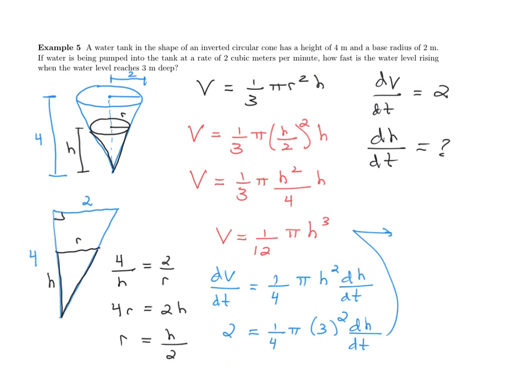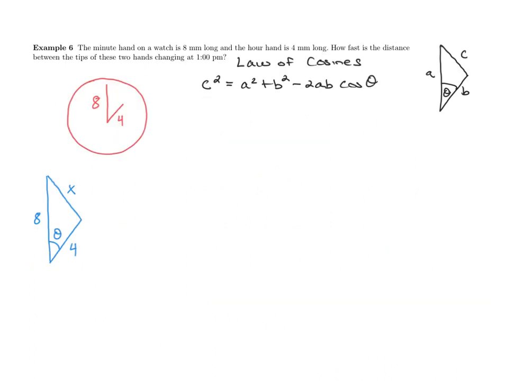So we have 8 over 9 pi is equal to dh dt. So 8 over 9 pi meters per minute is how fast the water level is rising once the water level reaches 3 meters deep.